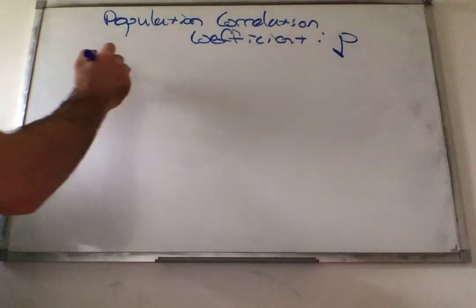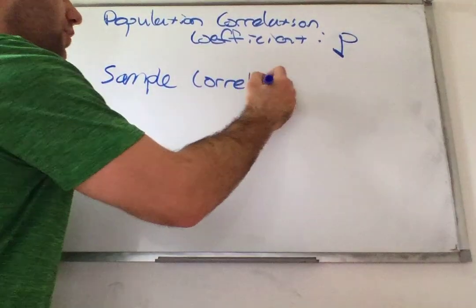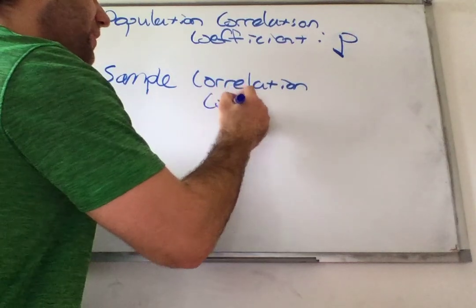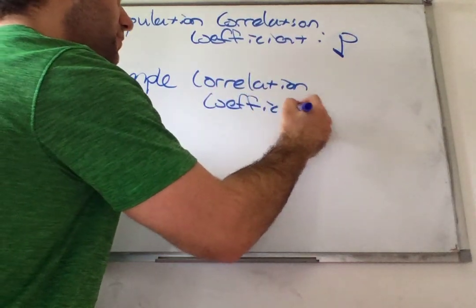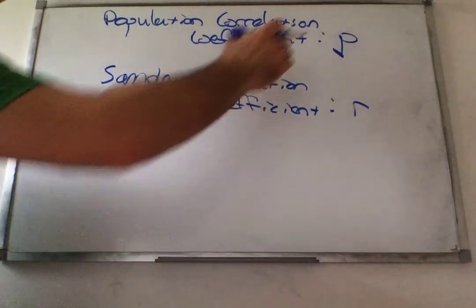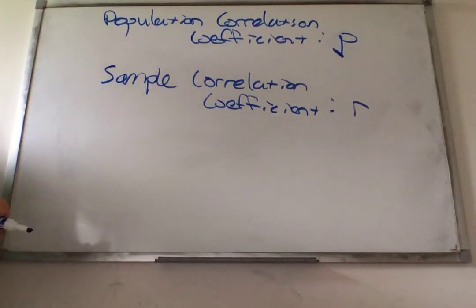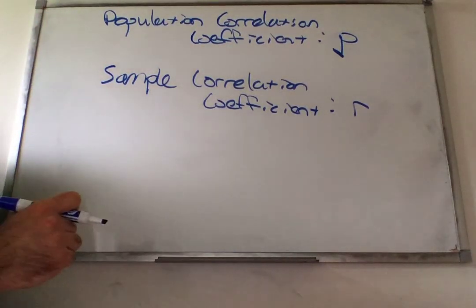That's a rho. And then this is the sample correlation coefficient. It's R. Remember, population parameters have Greek letters. Sample statistics have normal alphabet letters. Okay?